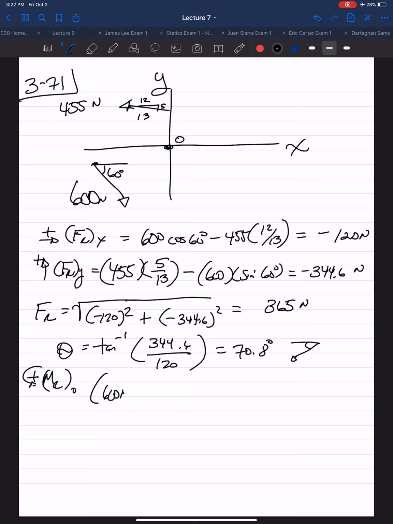So that's 600 newtons times sine of 60. And the vertical, causing a counterclockwise, so positive rotation. And the perpendicular distance between the vertical component of the 600 newton force and the origin is 2.5 meters.